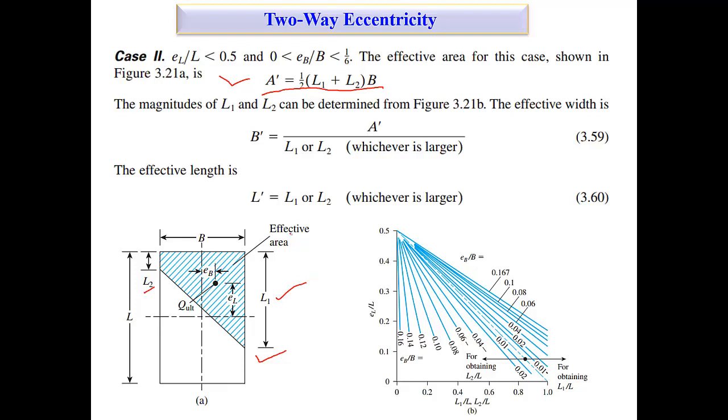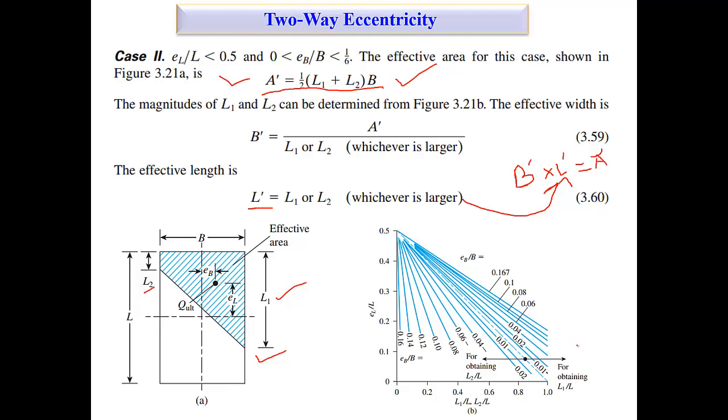Again, the larger one would be the L prime. Ultimately, we know B prime into L prime equals A prime. So from here we can get the A prime, and from L1 and L2 we can get the L prime.